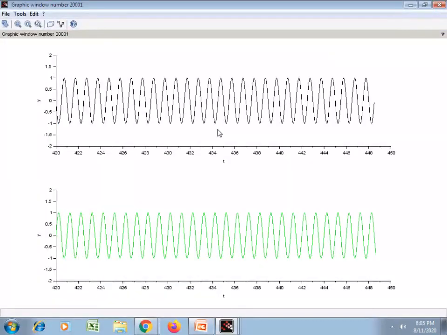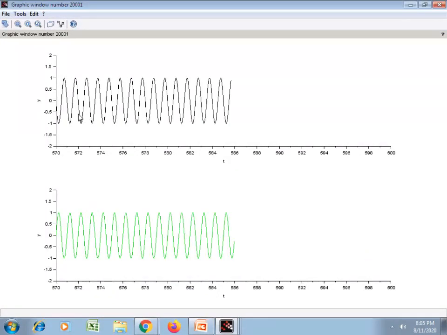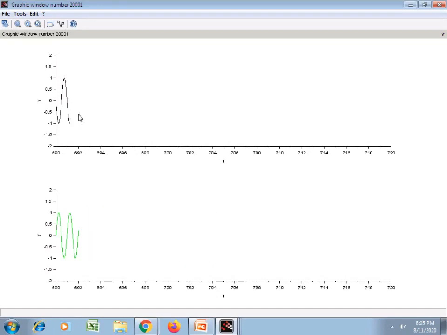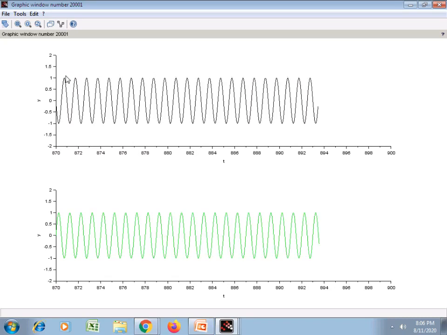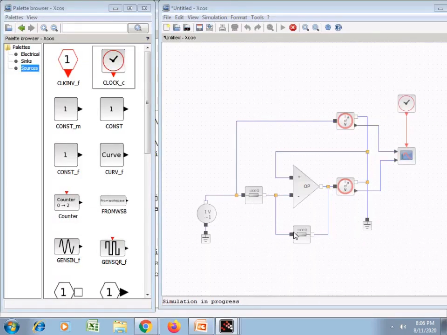Since this is an inverting amplifier, input and output are 180 degrees out of phase. Also, it can be seen that the amplitude of both input and output waveforms is the same. Since we have set both resistances to 1 kilo ohm, therefore the gain of the amplifier is -1.